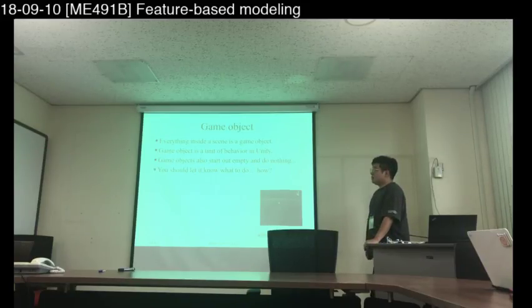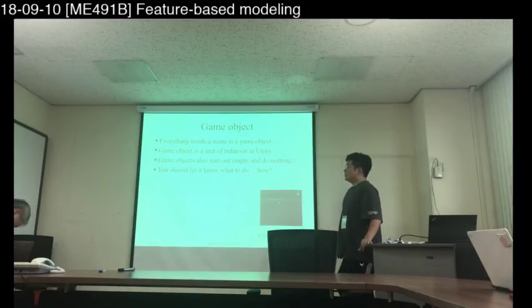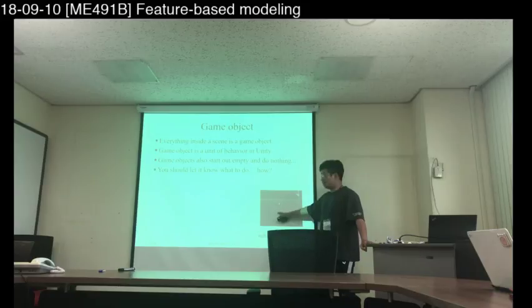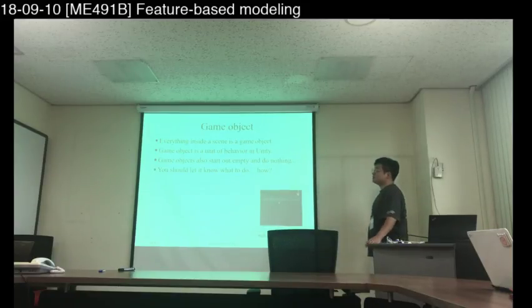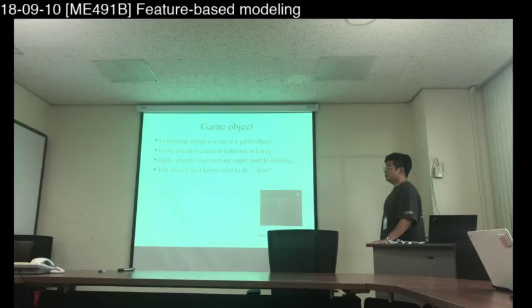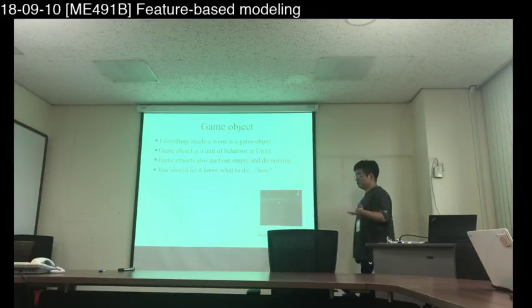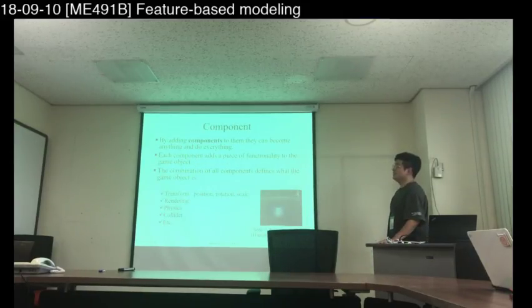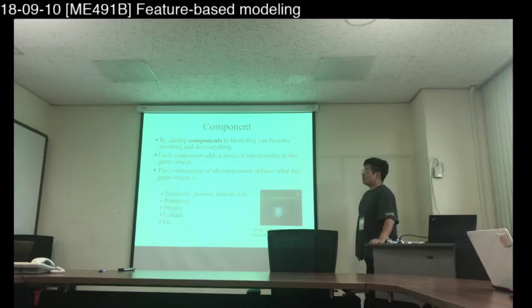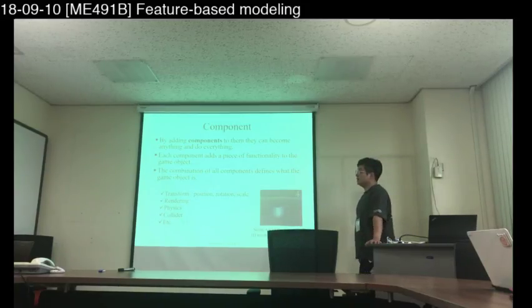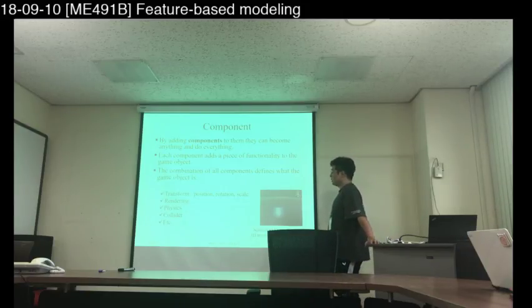Okay, and a game object is a unit of behavior in Unity. A game object starts out empty and does nothing. And how do we make it do something? By adding components to game objects, they can become anything and do everything. Each component adds a piece of functionality to the game object.